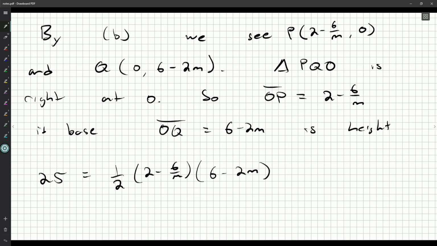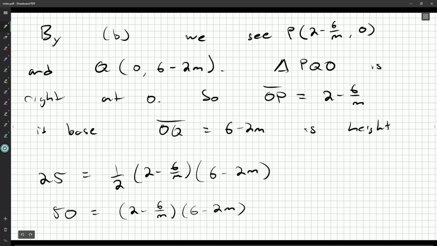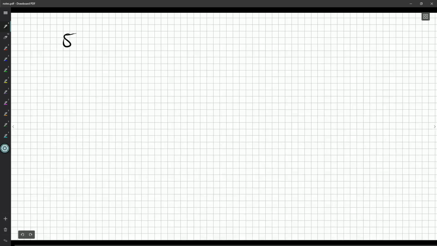Well, now I'm going to get a quadratic in m. I'm going to multiply both sides by 2. And I'll multiply both sides by m, I guess. So I can multiply this 50 over here by m, and I'll get 50m.